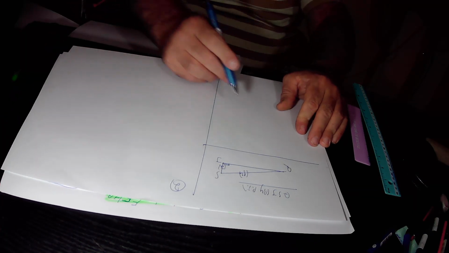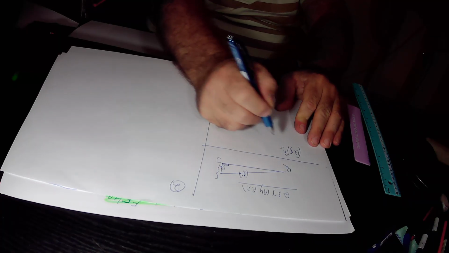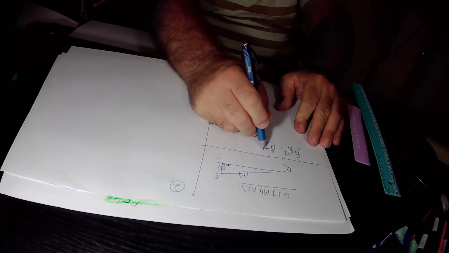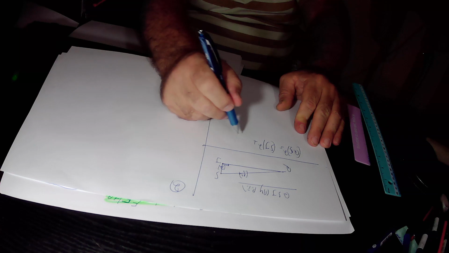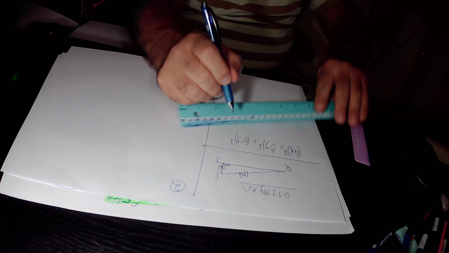So QS squared, that is the square of the hypotenuse, equals SJ squared plus QJ squared.